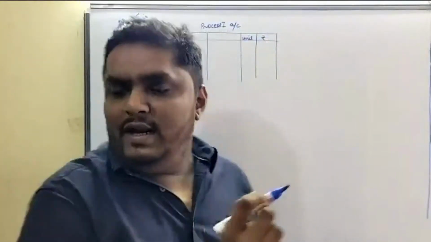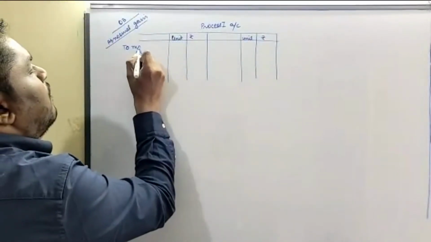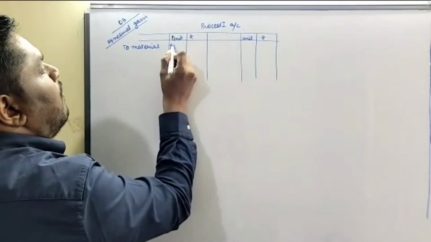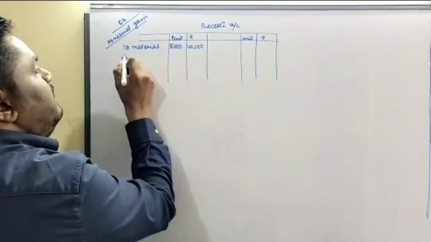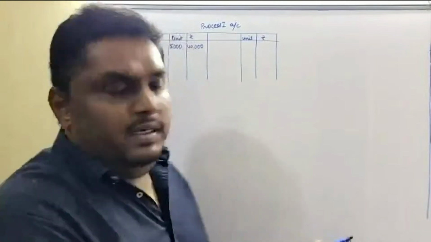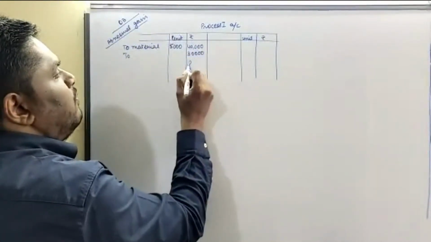The input of material is 5,000 units. So total will be 40,000. Wages is 30,000 and manufacturing overhead are 27,000.